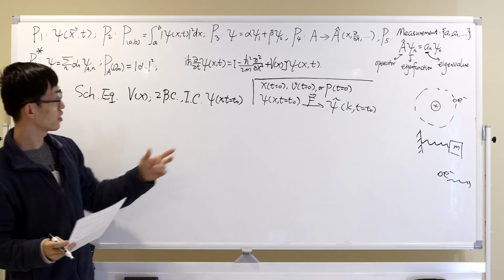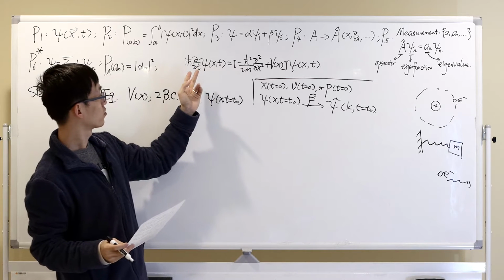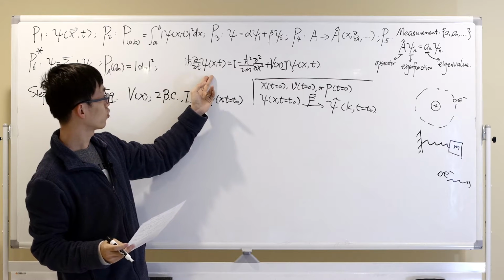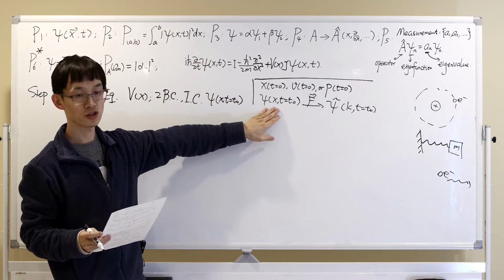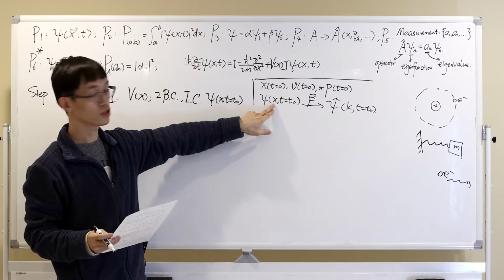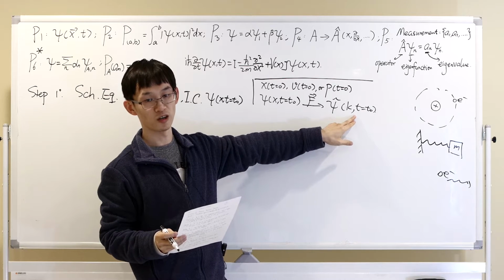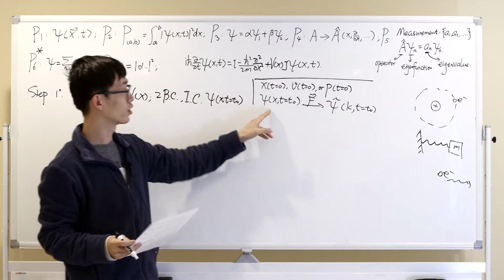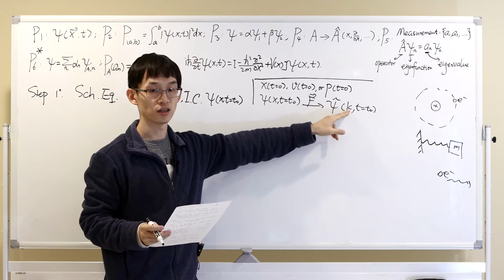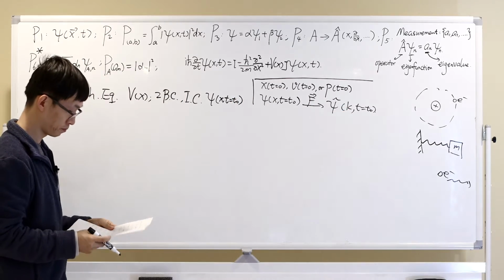So what it means is that for the quantum mechanical wave function, knowing the initial condition in terms of position actually gives you full information of momentum as well. So you only need to know one of them, and then you automatically know the other one.